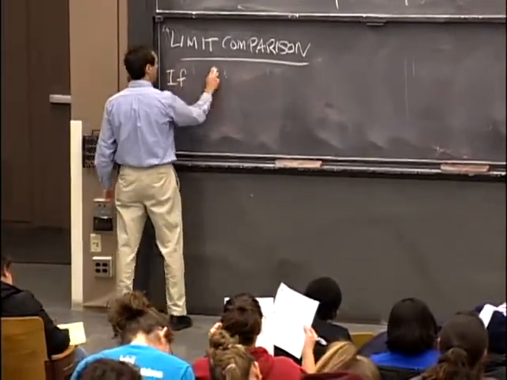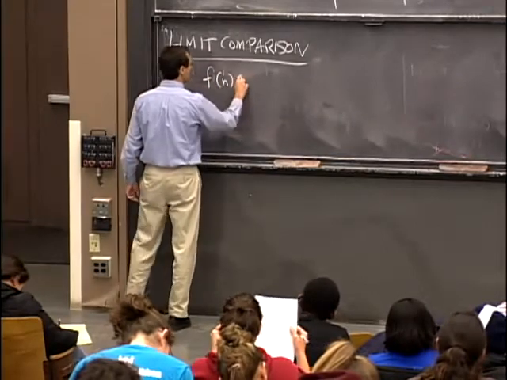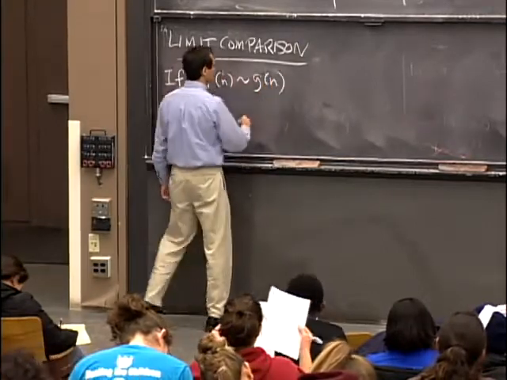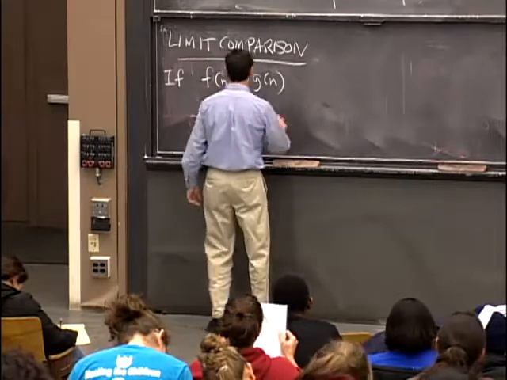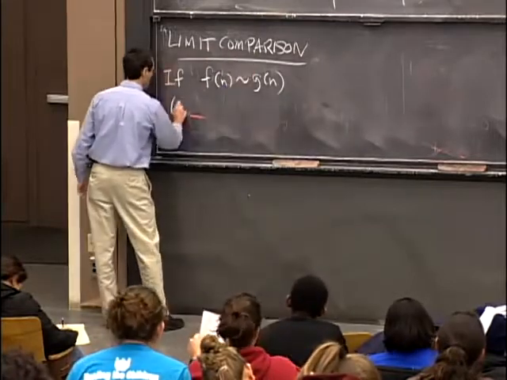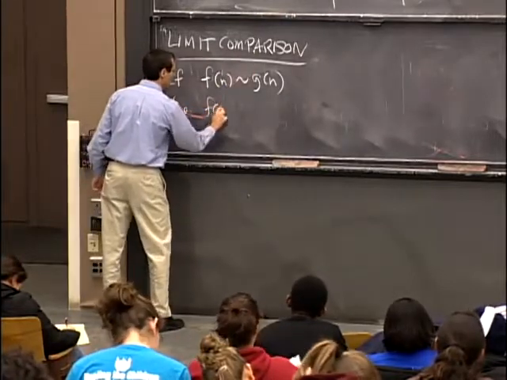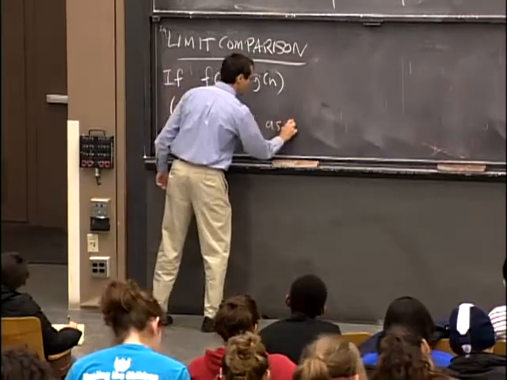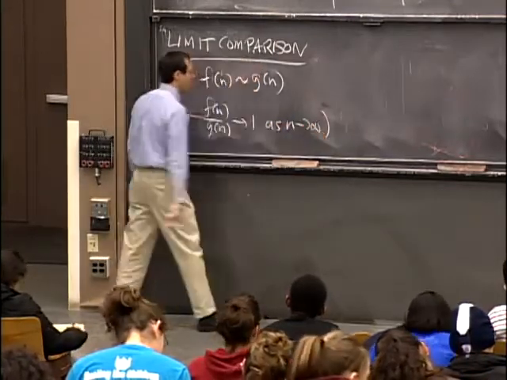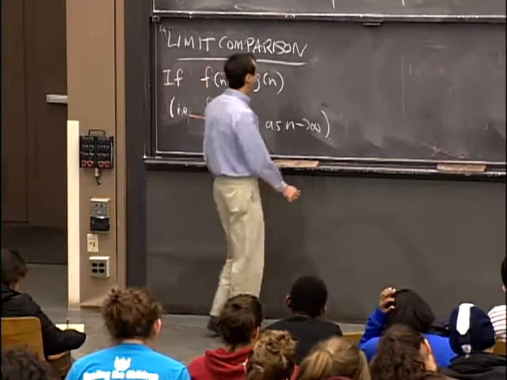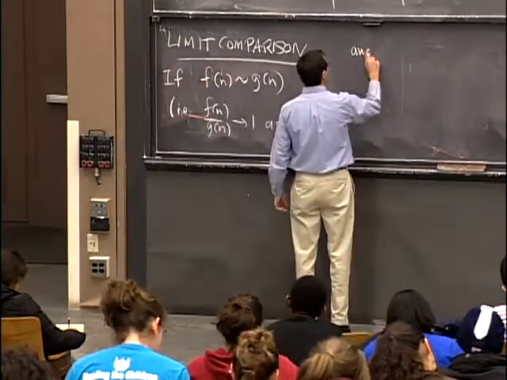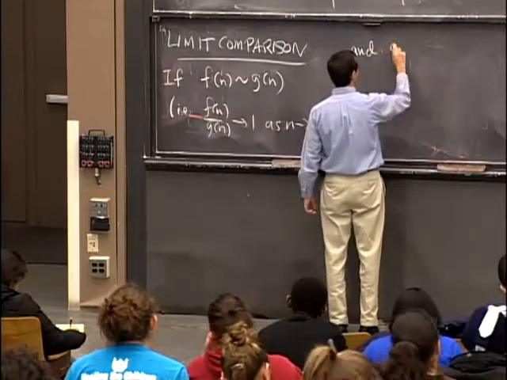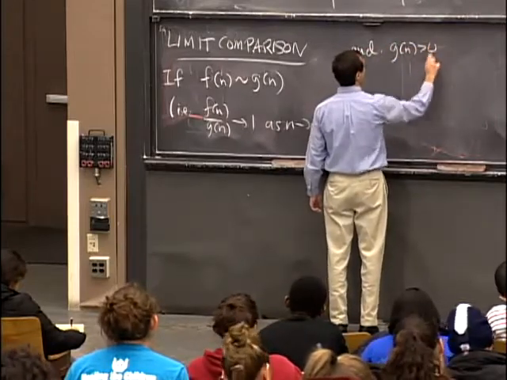If f of n is similar to g of n, we recall that that means f of n over g of n tends to 1 as n goes to infinity. And we're in the positive case, so let's just say g n is positive.